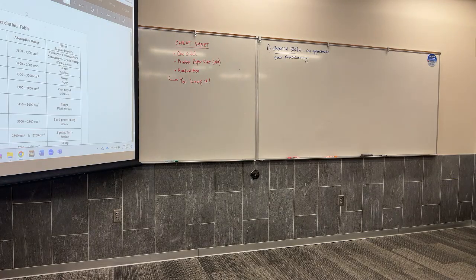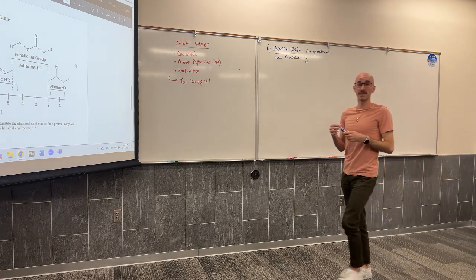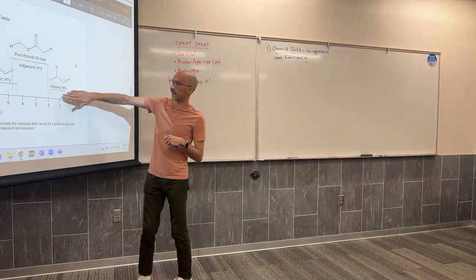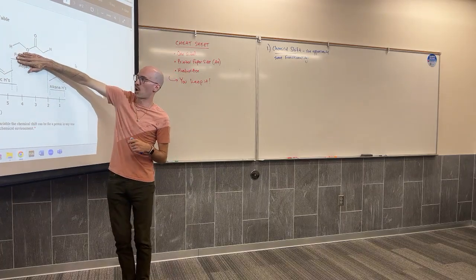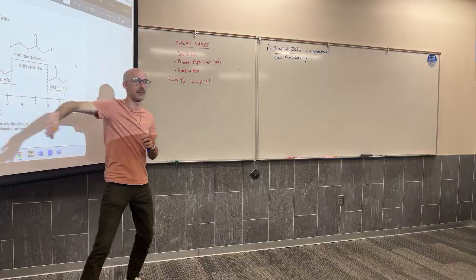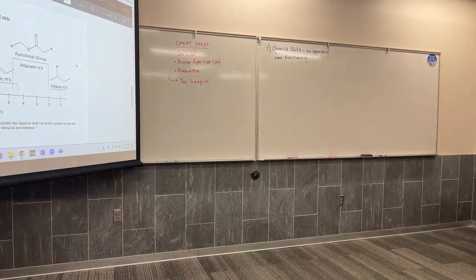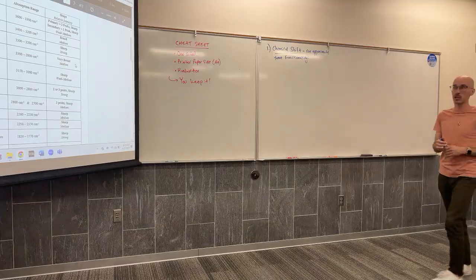I encourage you to get to know this correlation table because it models the correlation table that you're going to see on the midterm exam. The only thing that's different is that all of the words here are taken out when I give it to you on the midterm exam and on the final exam. Similarly, I want you to get to know this IR correlation table.